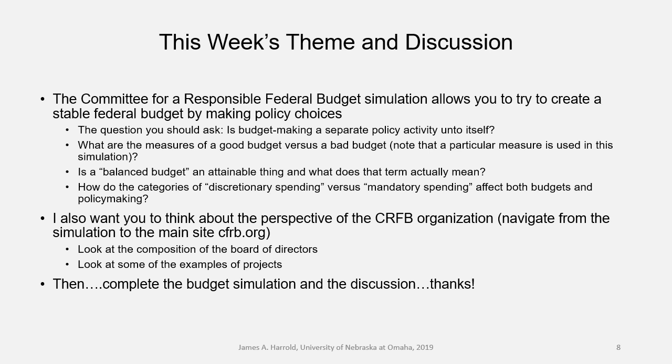The next thing I want you to do is look at the Committee for a Responsible Federal Budget itself as an organization. Navigate to the composition of their board of directors and look at some of the examples of their projects. The reason I'm having you do that is because I want you to start getting used to looking at organizations like this, like Brookings, like Heritage, like Cato, like the Center for American Progress.